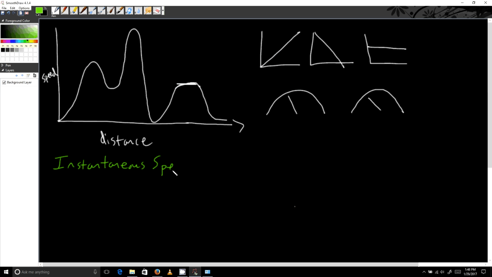And instantaneous speed is speed at that moment. So if you look at your speedometer readings, let's say this one is 55 miles per hour and this one is 45 miles per hour. Those are examples of instantaneous speeds at that instant in time.